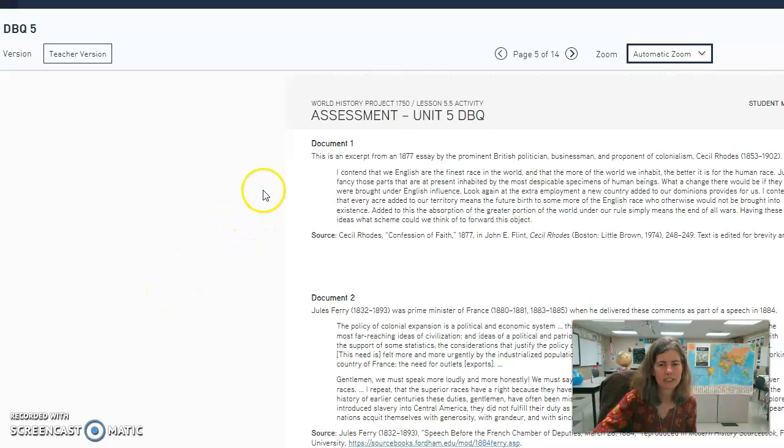What was his justification? Read that and know that whatever conclusion you draw is a valid conclusion, and you should write it down on a separate document. Call that Google document DBQ5 and write down what Cecil Rhodes thought, or what Cecil Rhodes said.